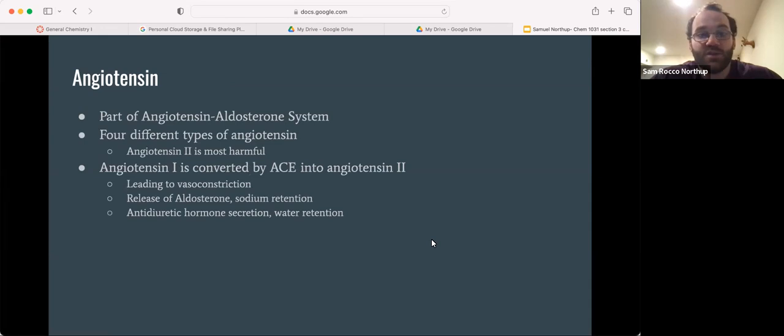So angiotensin is part of the renin-angiotensin-aldosterone system. There are four different types of angiotensin, but angiotensin 2 is the one that is the most harmful. Angiotensin 1 is converted to angiotensin 2 by ACE. When angiotensin 2 is increased, it leads to vasoconstriction of blood vessels, which narrows them.